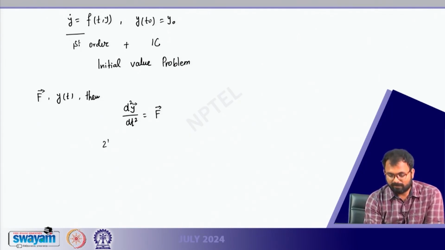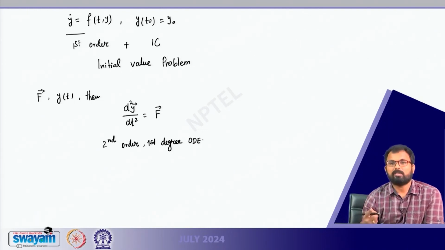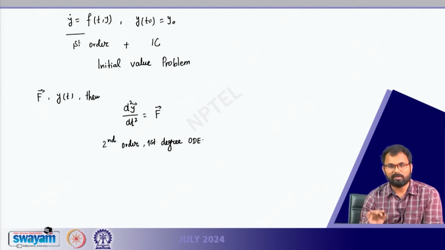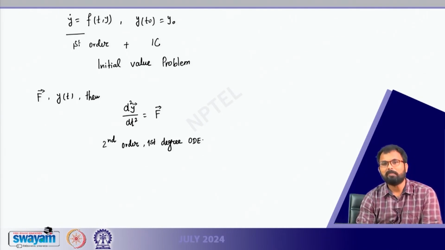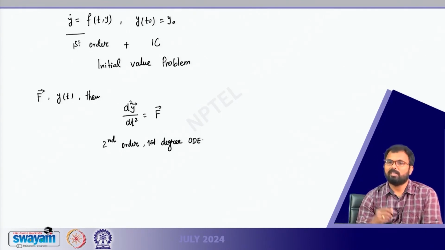So second order and first degree, or degree 1, that you can also call an ordinary differential equation. Now comes the question, if you are going to solve this equation, you must have solved these kinds of equations, I am very certain. When you solve these second order ODEs, you end up getting a solution which involves two arbitrary constants.